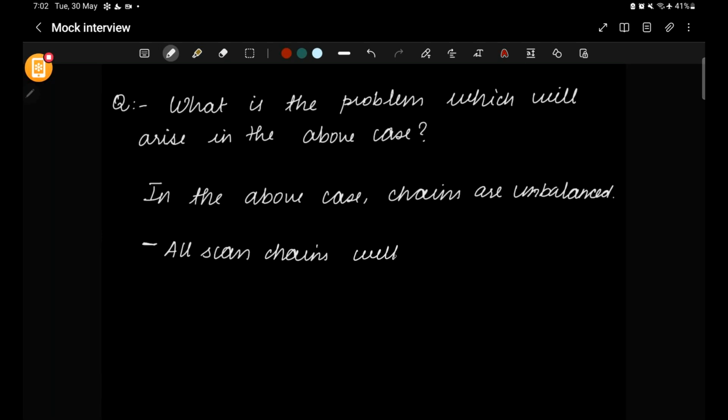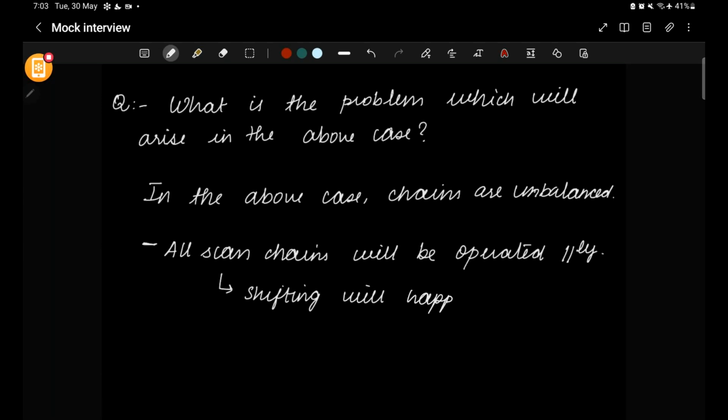All the scan chains will be operated parallelly, which means shifting will happen for all scan chains at the same time.